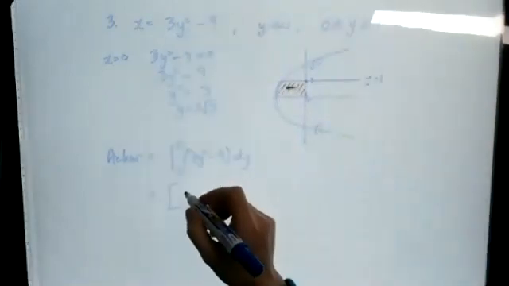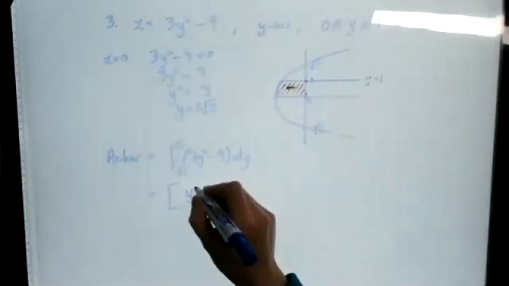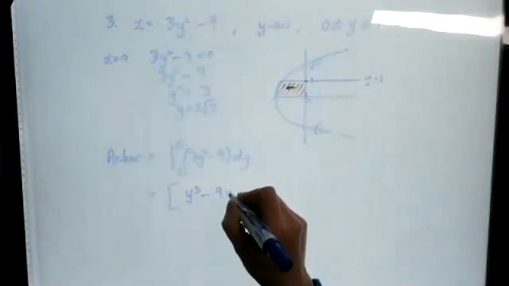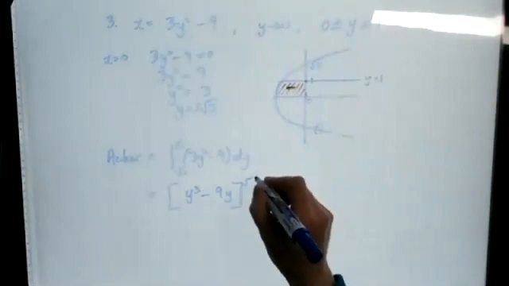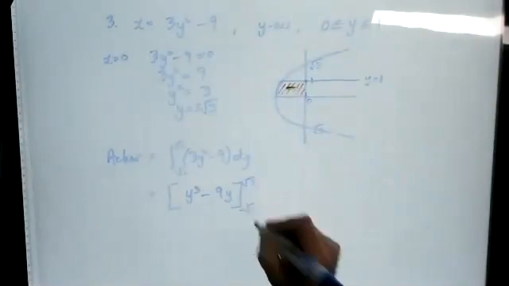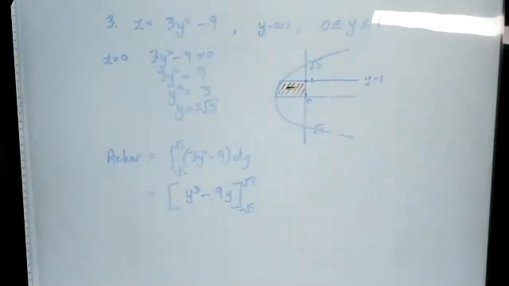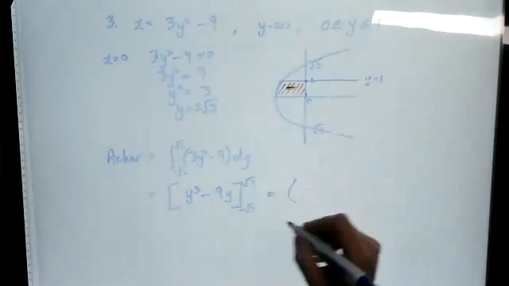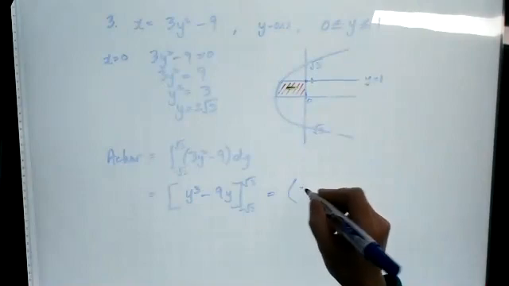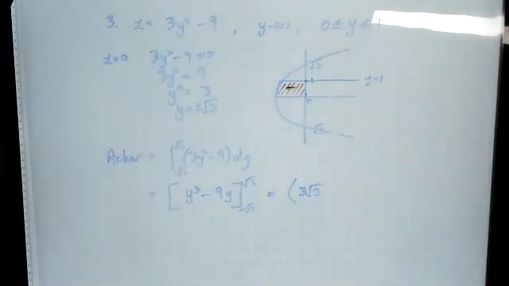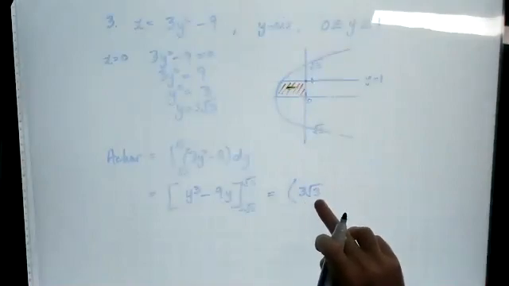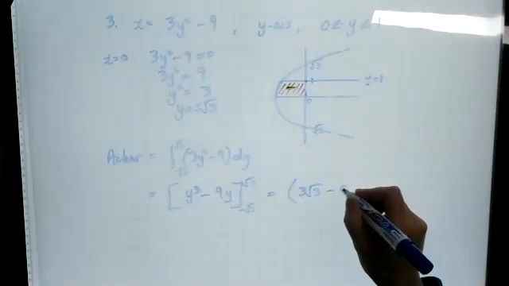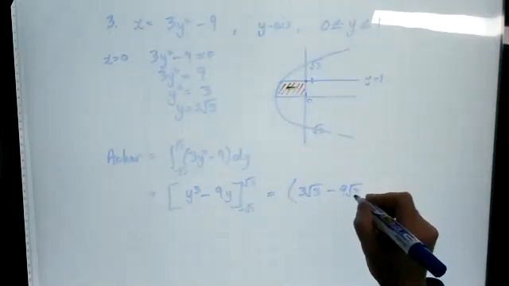So you integrate to get y cubed minus 9y, from minus square root 3 to square root 3. At square root 3, you do 3 square root 3 minus 9 square root 3.